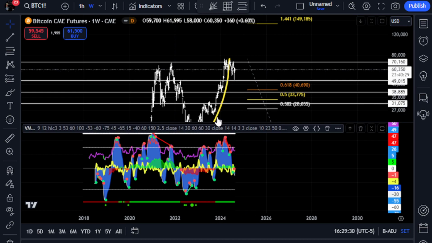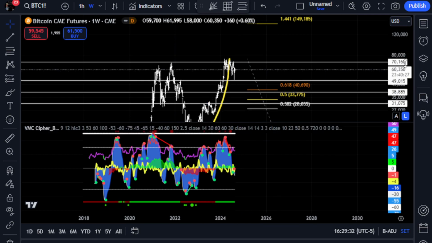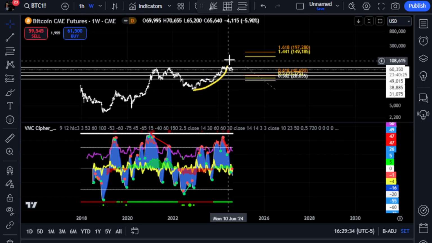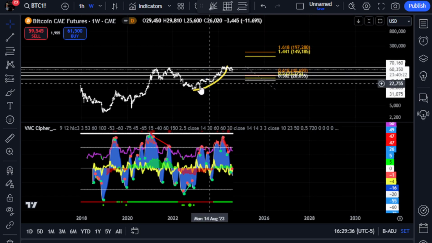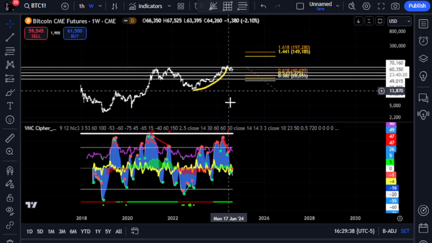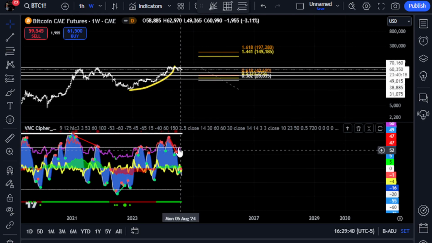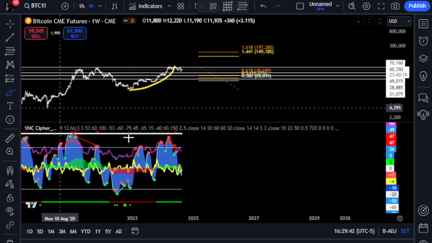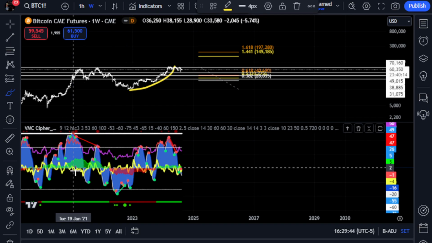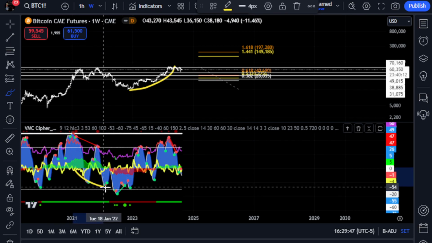So on the macro scale, what I see is we've broken this momentum curve. We have come up massively in price, and if we look at the wave trend oscillator here, let's follow our momentum. We can see it curved to the downside. We're looking at this series of waves progressing to the downside.